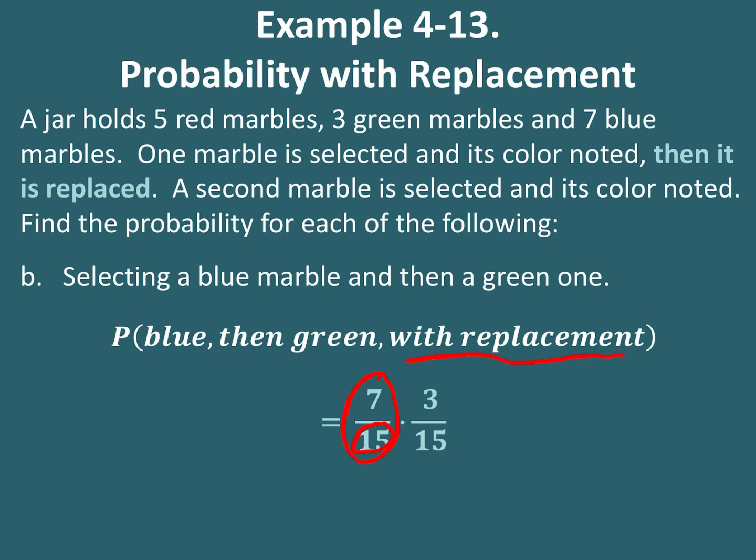However, since we are replacing the blue marble back into the jar, we still have 15 marbles in the jar. So the probability of pulling out a green marble is now 3 out of 15. Multiplying these two probabilities, reducing, we end up with 0.0933.